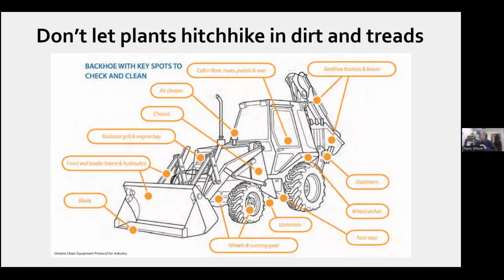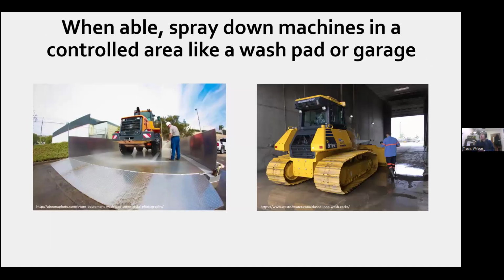For equipment, spray and clean things in an area that you know is approved for that. You don't want to go to somewhere that's a community wash bay and spray a bunch of stiltgrass seeds into the bay and they somehow make their way out and now we've got a stiltgrass population producing somewhere else.